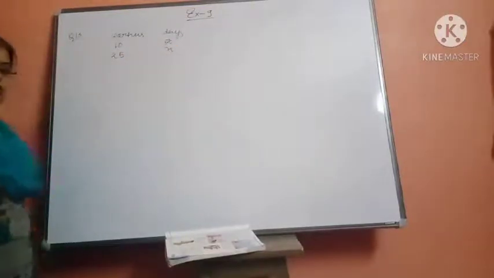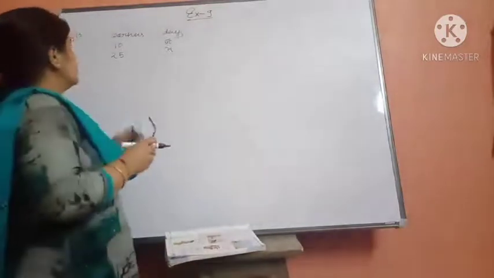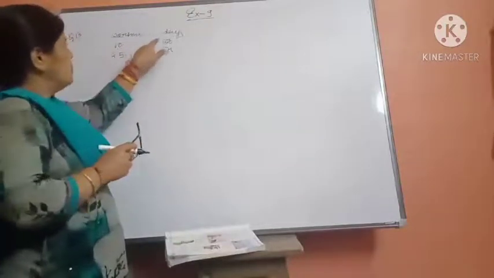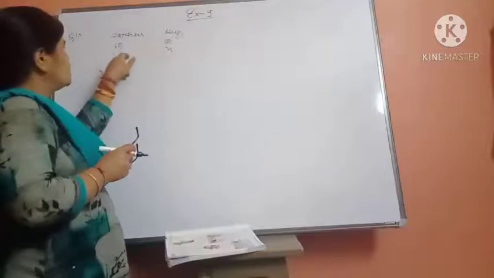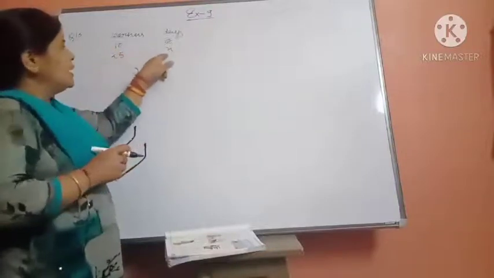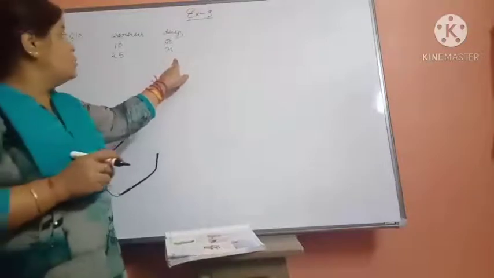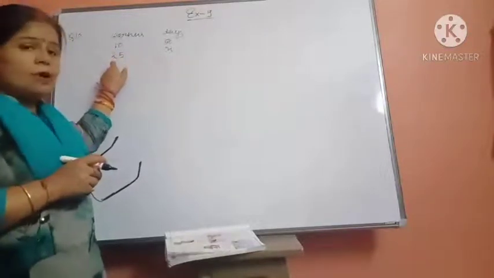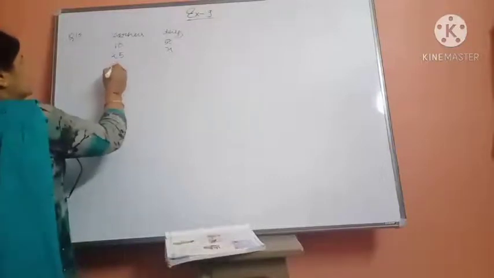First of all, just try to understand whether this question is related to direct variation or inverse variation. See that here 10 workers are completing in 50 days. If you increase the number of workers, what will happen? Here the days will be reduced, because you have increased the number of workers. Okay, so it is a question of inverse variation, beta.